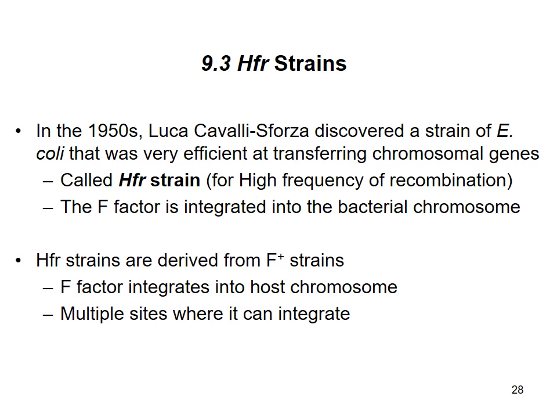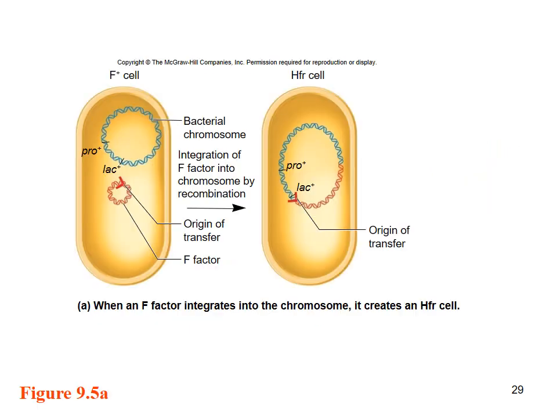And when they integrate into the bacterial chromosome, then instead of just calling them F factors, we are going to call them Hfrs, or high frequency of recombination strains. So I don't want there to be any confusion.